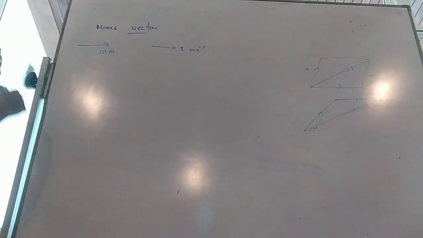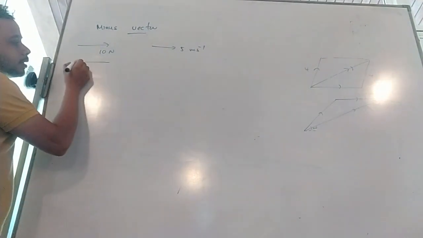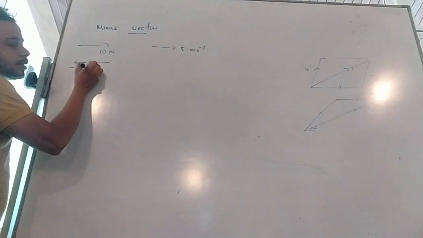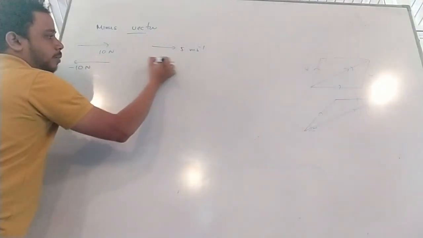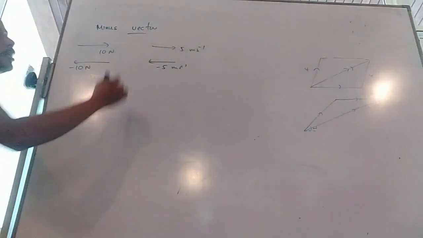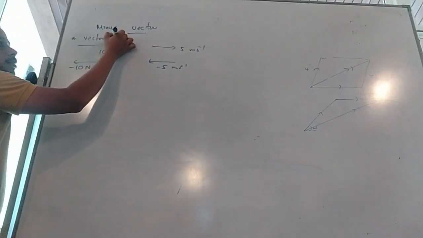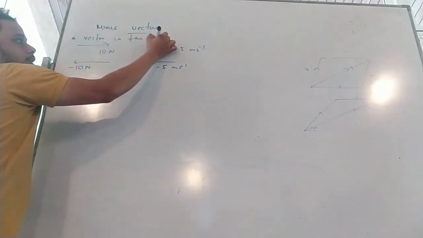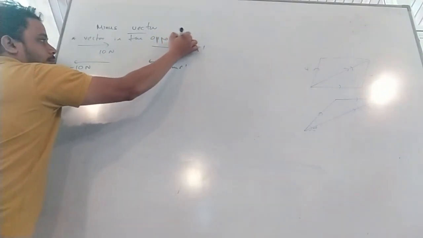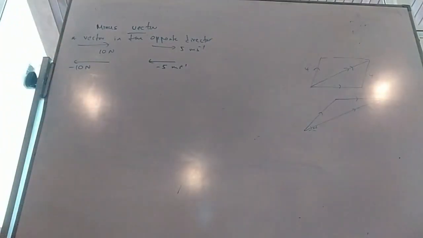A minus vector means it is in the opposite direction. So minus 10 means it is acting this way, and minus 5 means it is in the opposite way. So a minus vector means the vector in the opposite direction. Understood? Simply as that.